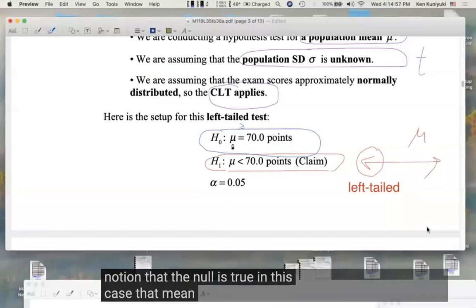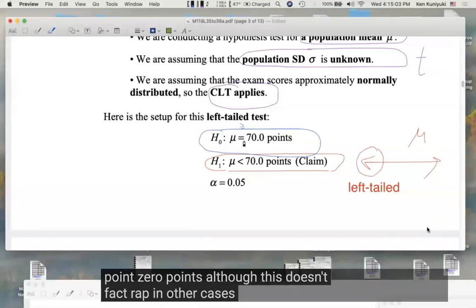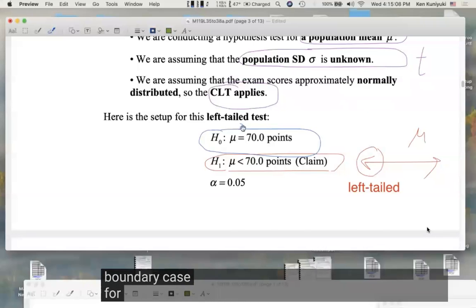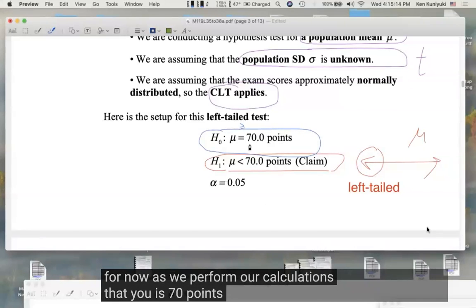In this case, the mean mu is exactly 70.0 points, although this does in fact wrap in other cases. This is the boundary case. And we're going to assume for now, as we perform our calculations, that mu is 70 points.